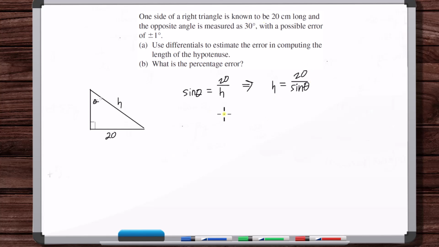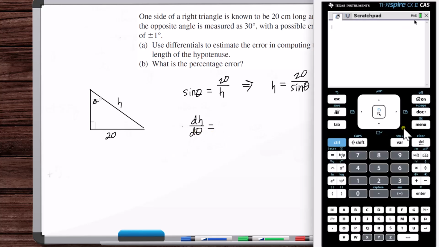So let's calculate. We're going to use differentials here. What is dH? Well, dH d theta is what? Well, what is the derivative of cosecant theta? Cosine theta over sine squared theta.